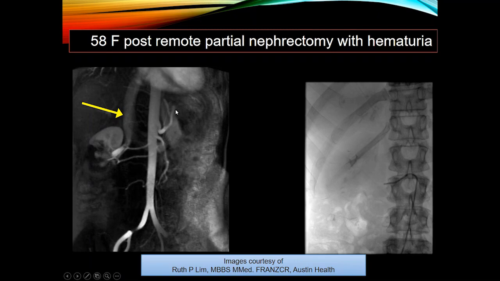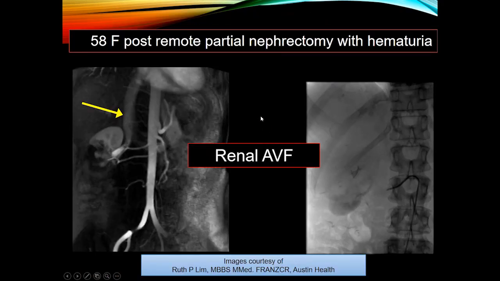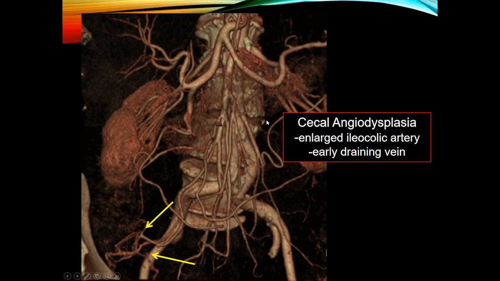Here's an example of a patient who had a partial nephrectomy but is developing hematuria, even though it was a remote partial nephrectomy. You can see on this MR angiogram that there's early opacification of the IVC, and this is just an example of a fistula, an arterial venous fistula as a complication of the nephrectomy.